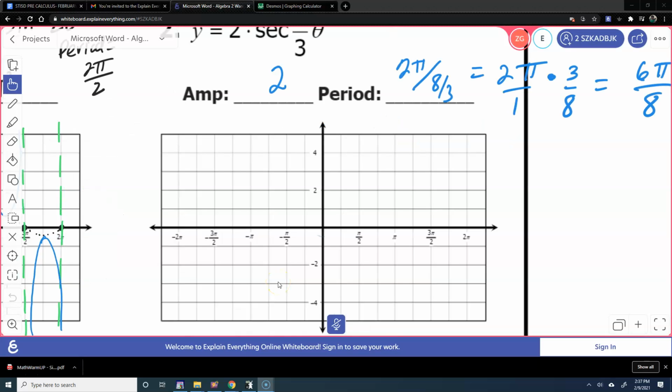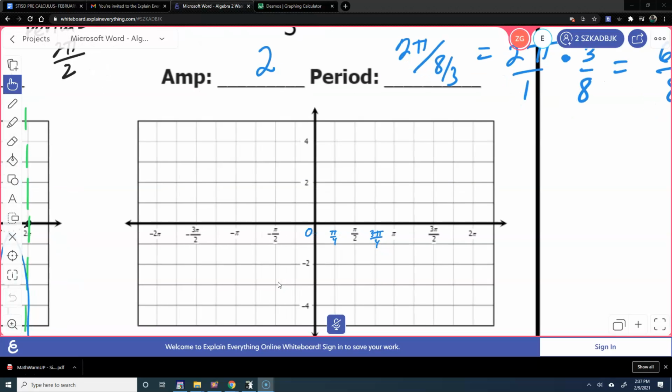Know that it's going to go 0, pi over 4, 2 pi over 4, 3 pi over 4. So 0 plus 3 pi over 4 to find the middle, and then you're going to divide by 2. So it's going to be 3 pi over 8.